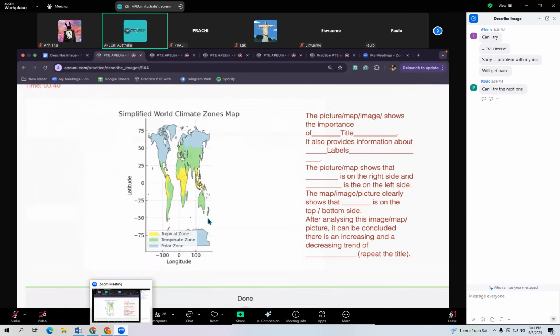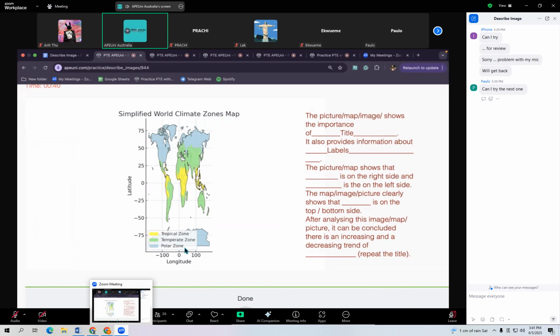The image shows the importance of simplified world climate zones map. It also provides information about latitude from -75 till 75, longitude from -100 to 100. The image shows that on the top, it is simplified world climate zones map. On the bottom, it says tropical zone, temperate zone, and polar zone.